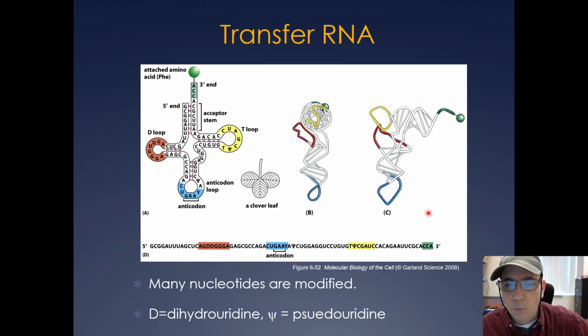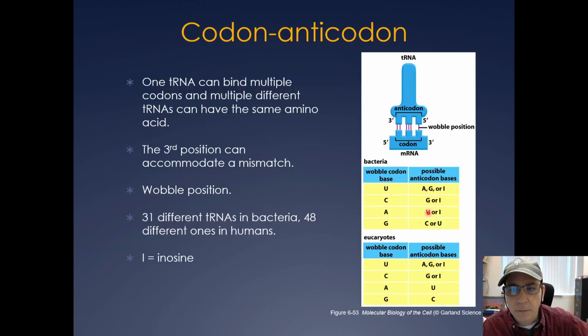Okay, so in order for the proper amino acid to get added to a growing polypeptide, you need a codon-anticodon pairing, and I'm sure you have all had this too at some point in time. And it turns out that one tRNA can bind to multiple different codons, and multiple different tRNAs can have the same amino acid attached, right?